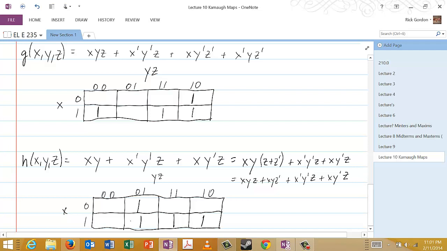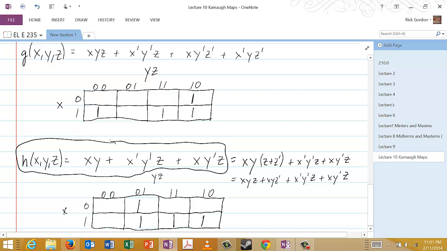So you can see that in this case, this function here, which has just 3 terms in it, actually will correspond to a Karnaugh map with 4 1 cells. Now, there's a new bit of terminology. A cell that contains a 1 in it is called a 1 cell.